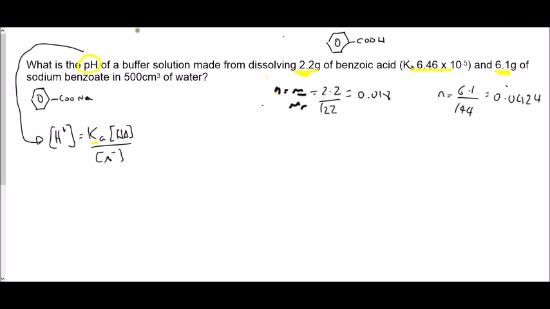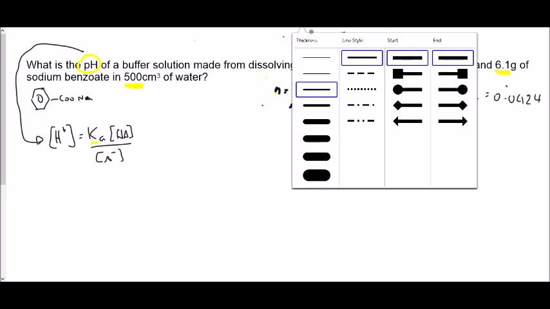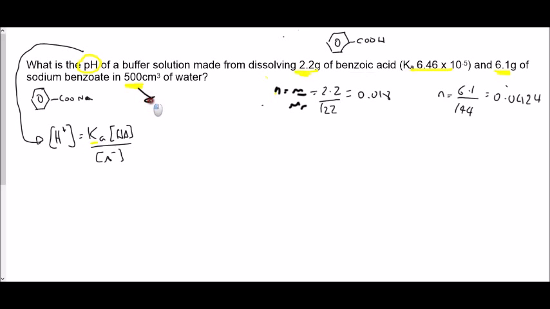Carry on through the question, and it tells us that they are dissolved in a volume of 500 centimeters cubed, which of course is the same thing as saying 0.5 decimeters cubed. So now we're going to look at the concentration.